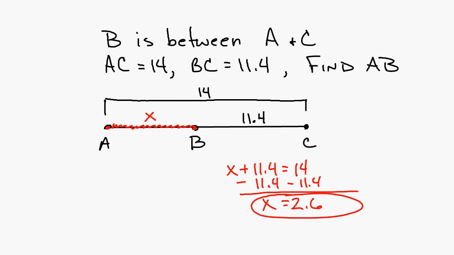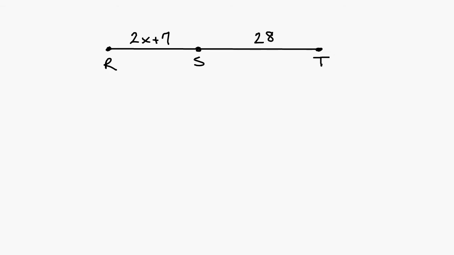Now, this is more of what you're going to see. You've got a segment, R, S, and T. R to S is 2x plus 7. S to T is 28. And you're told that the entire piece is 4x.